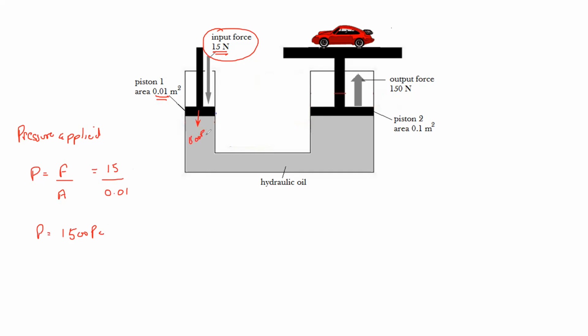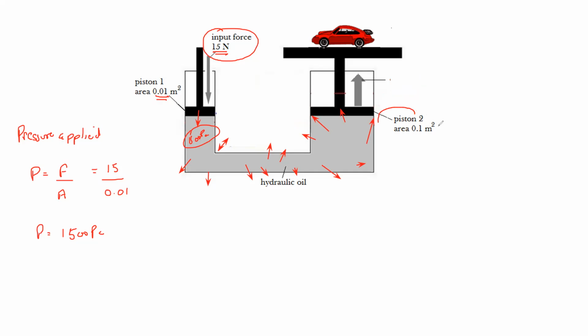So according to Pascal principle, if we are applying 1500 Pascal on the liquid, it will apply the same pressure in all directions. So in all directions, when we apply a pressure of 1500 Pascal on the liquid, it will apply the same pressure in all directions. So for example, as you can see, the area of the other side is how much?